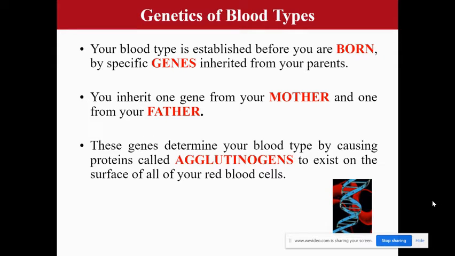These genes determine your blood type by causing proteins called agglutinogens, big word, to exist on the surface of all your red blood cells. So then it determines what you have. And we'll look at a picture in a minute.